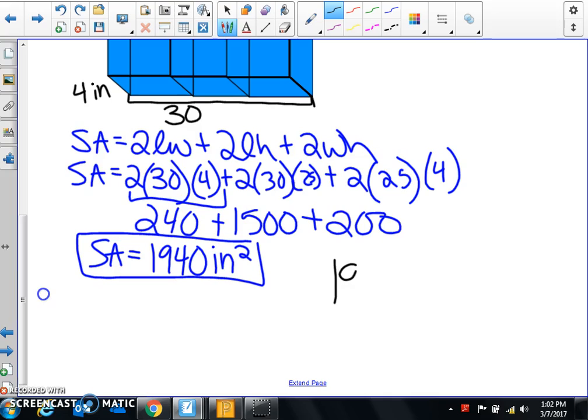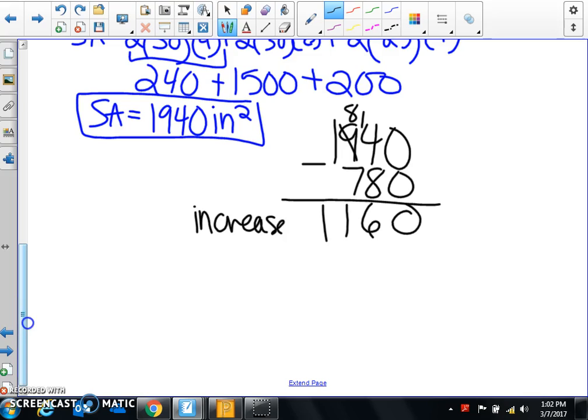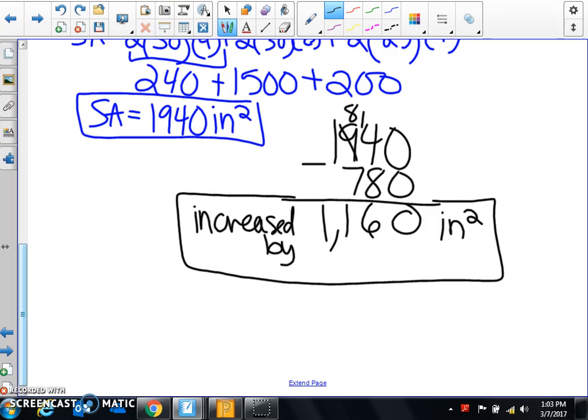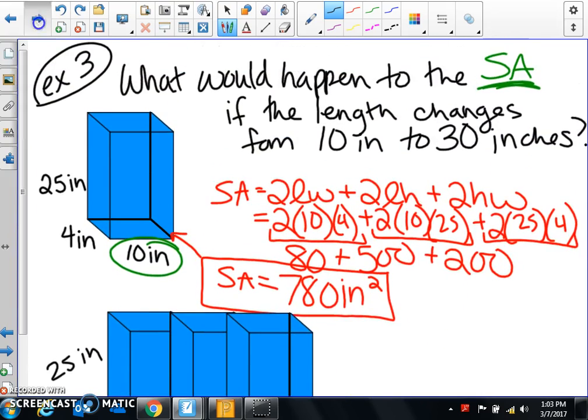You'd say, okay, 1940 minus 780, so it increased by 1,160 inches squared. Okay, so you have to be precise on surface area. Let's do one more surface area.